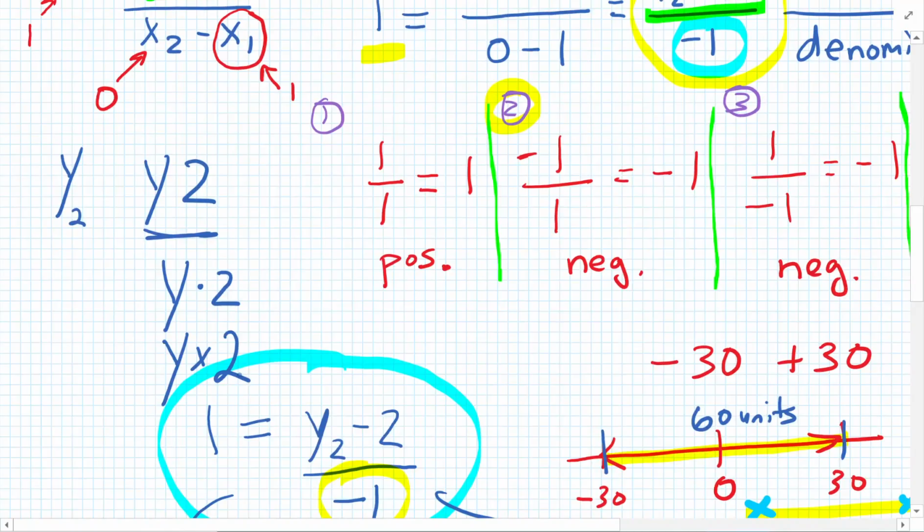Well, the reason we stop using symbols like this in middle school is because, well, first of all, this could be y.2, this could be yx2. If you draw your x's bigger or smaller, it has a totally different meaning.